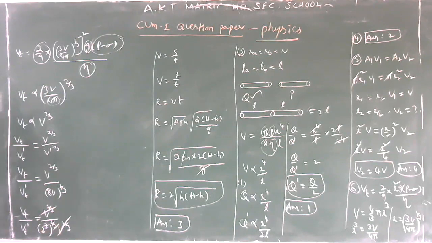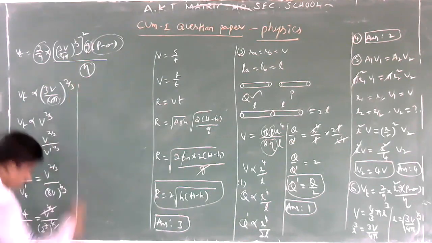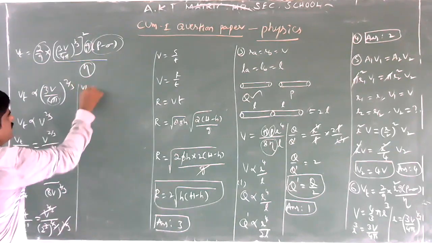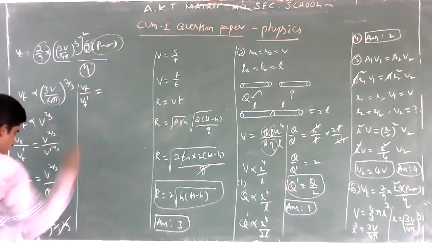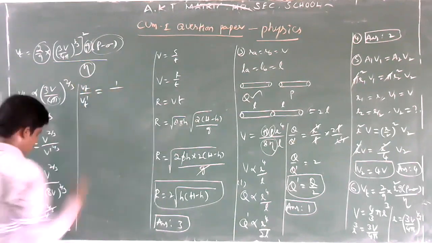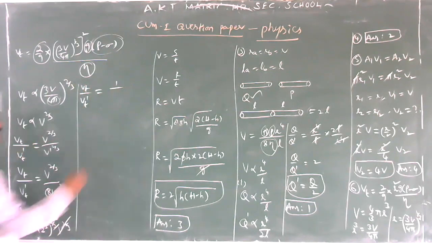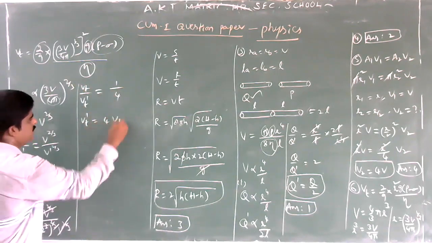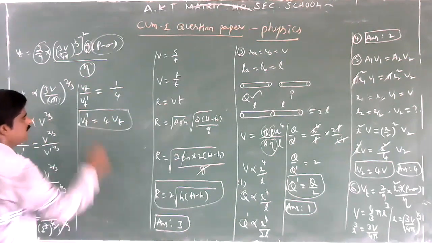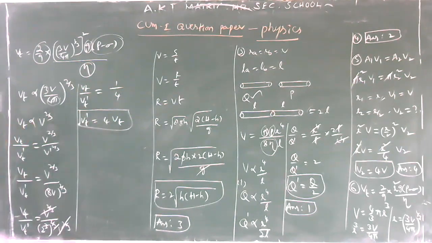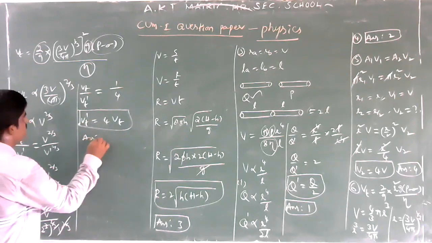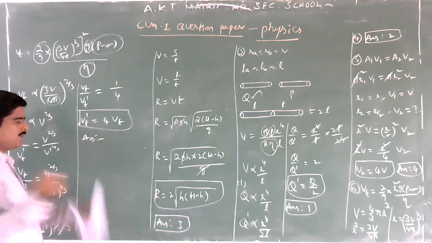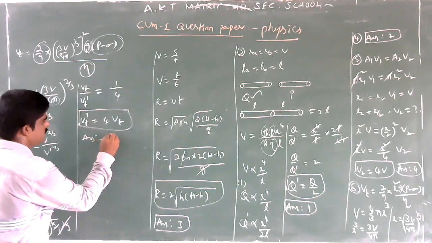Remaining, Vt by Vt dash is equal to 1 by 2 power of 2, that is 1 by 4. Then Vt dash is equal to 4 into Vt. So this is the terminal velocity of second sphere. Which option is correct for sixth question? Last option, fourth option is correct.